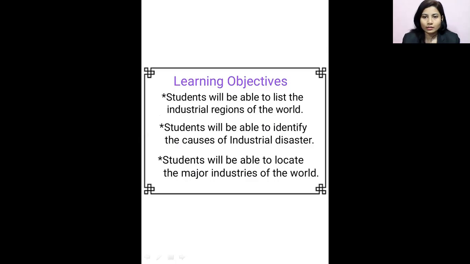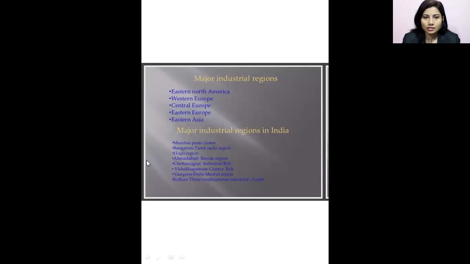Before going through this list, let me just remind you what industrial regions are. As we have already examined the various factors which influence the location of industries, a few areas across the world are more favored for industrial development than the rest, with optimum benefits and facilities.